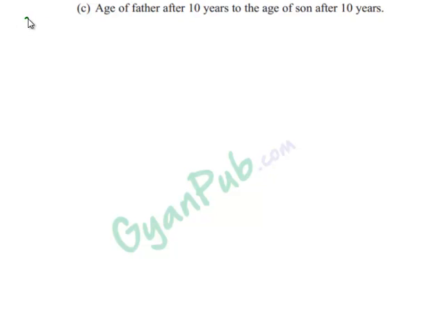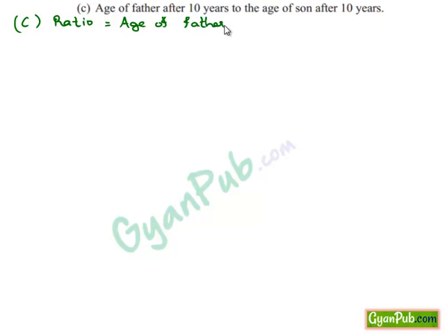In the C bit, we have to find the ratio between the age of father after 10 years to the age of son after 10 years.